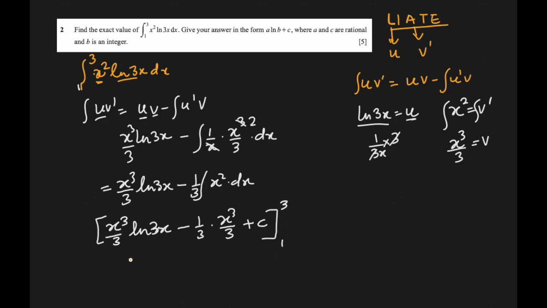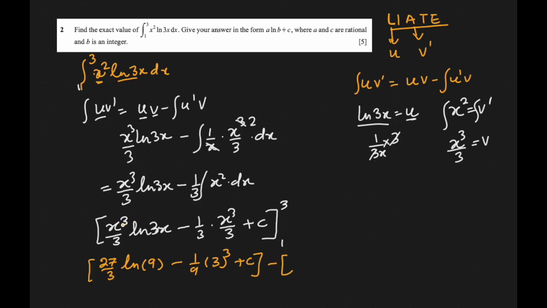Okay, so now let's substitute 3 here and we'll get the answer. So it will be 3 cube, which is 27 over 3 natural log of 9, because 3 times 3 will be 9, minus 1 over 9 times 3 cube again, plus c. You can write c or not, it doesn't matter because c will get cancelled out very soon.